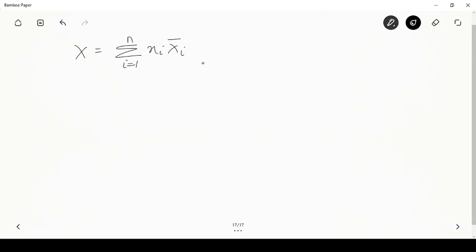Okay, this is also equal to n times x bar of a mixture, where n is the total number of moles, which is summation of ni. Total number of moles of the mixture multiplied by x bar, which is the specific x of the mixture, x by n of the mixture.